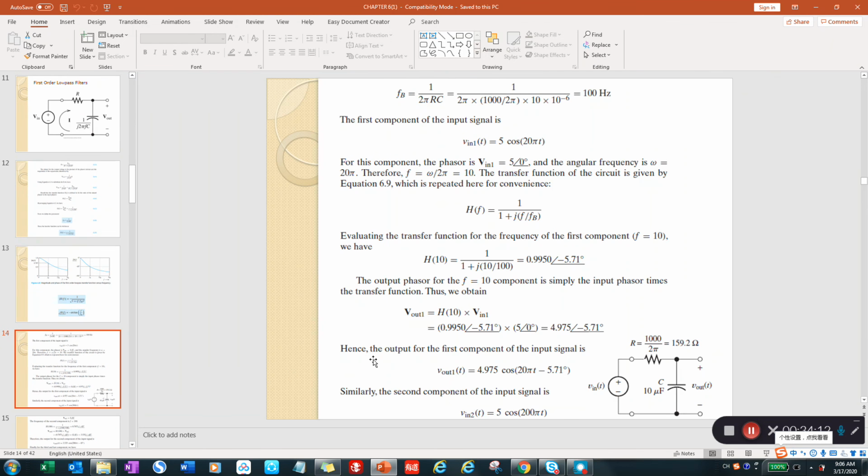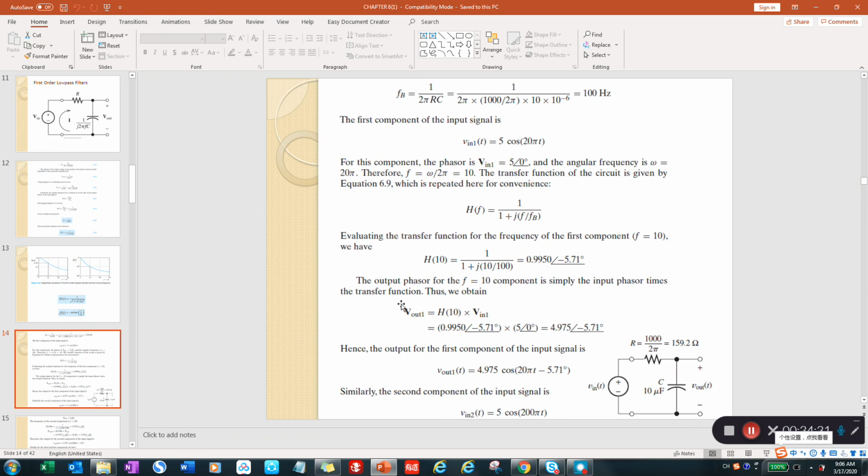Then if we want to figure out the output, we can use what we just learned: the output equals the input multiplied by the transfer function. Then we can figure out the output.